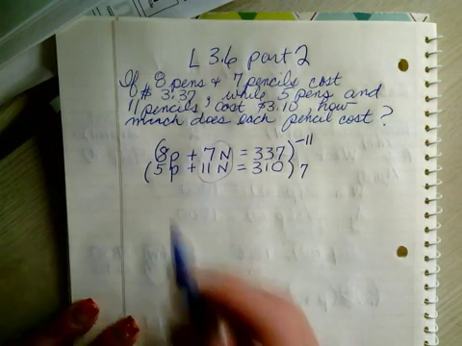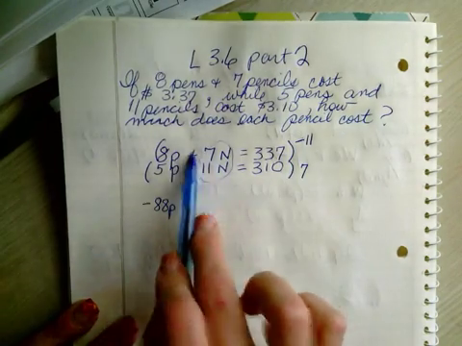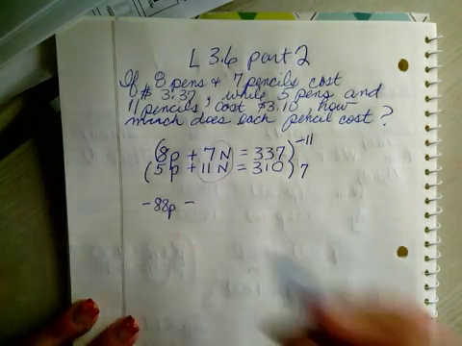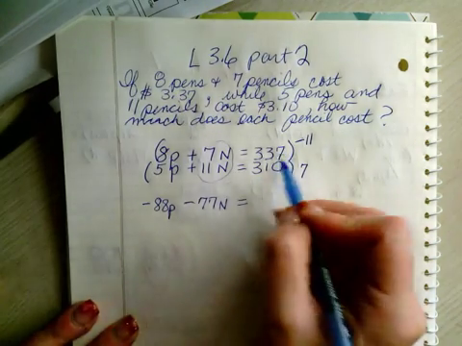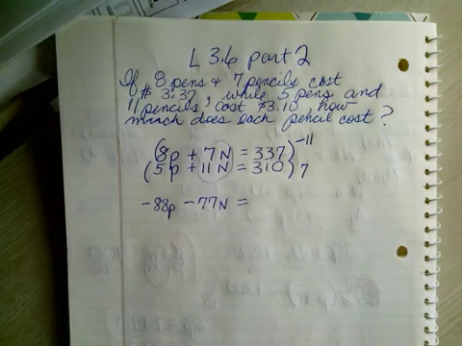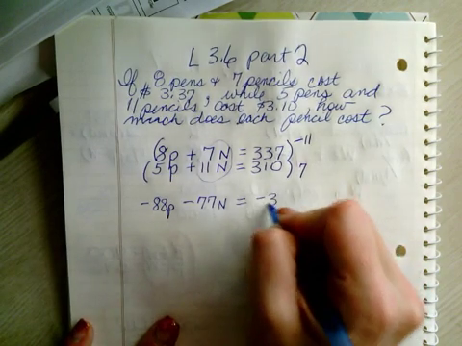So 8 times -11 is -88p minus 77n. Calculators. 337 times -11. It's -3707.